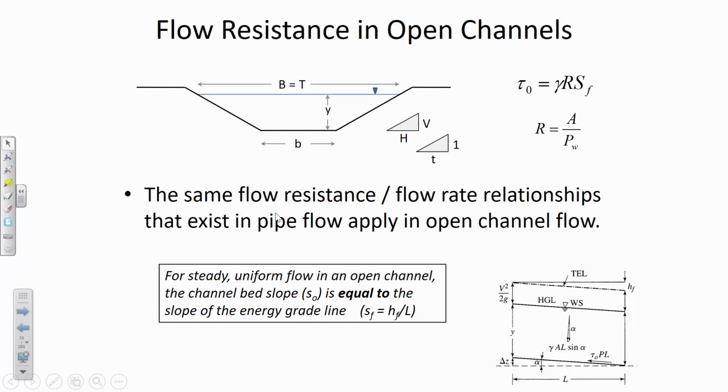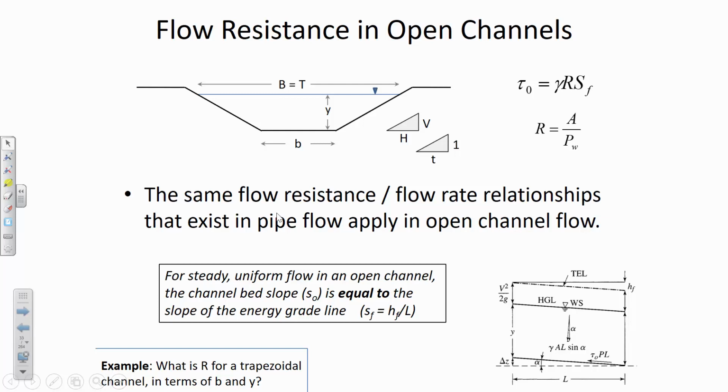The water's full to the very top of a pipe, and so the pipe can go up and down, and it doesn't affect the energy grade line. But when there's air in contact with the channel, then the slope of the energy grade line is parallel to the slope of the channel. So the two are equal if conditions are steady and uniform.